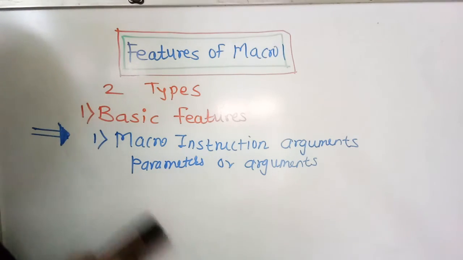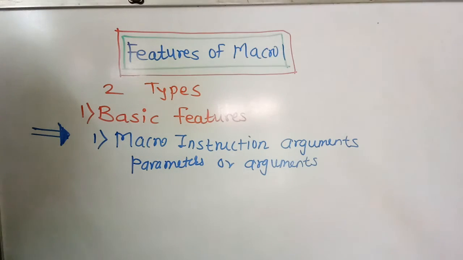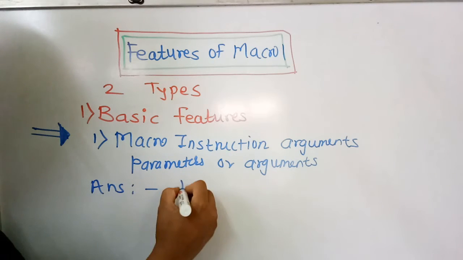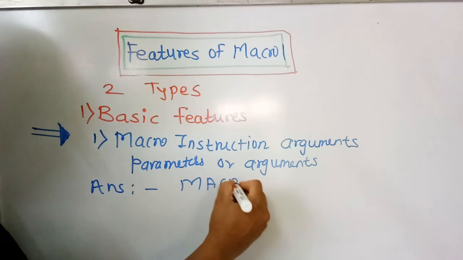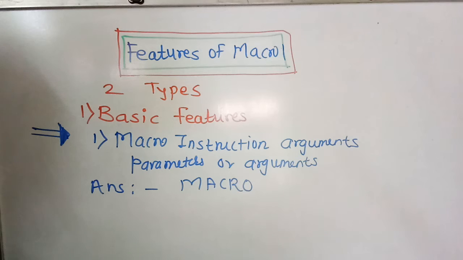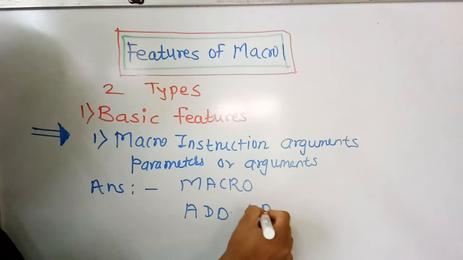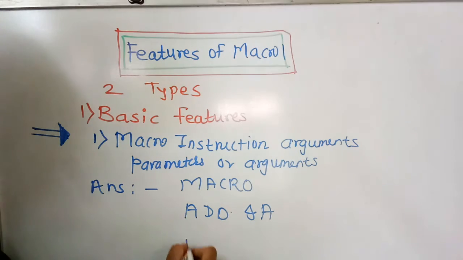But we will study it in terms of assembly programming. For example, we all know that the assembly language program always starts with the macro name, that is macro. Suppose our macro is add and it is having the parameter ampersand a, and here is the macro end and here are the different statements.